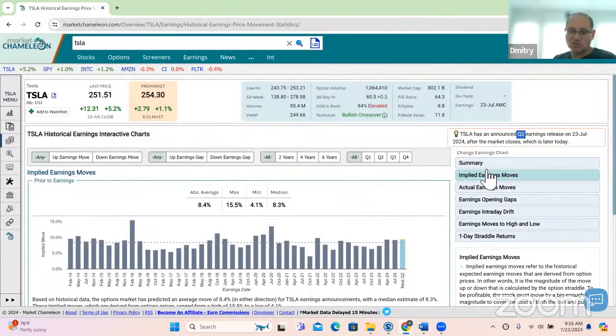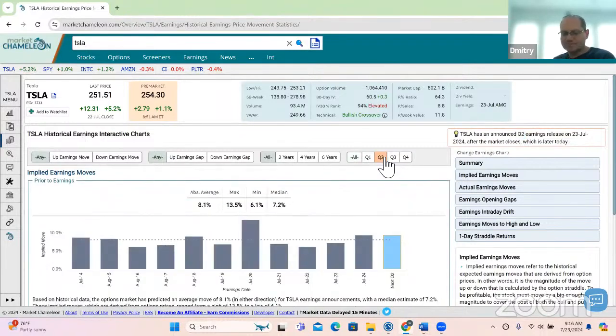Maybe it does tend to close higher in the second quarter, right? There could be more uncertainty in certain quarters of the year, or something going on that makes the volatility different. So we could use these filters above. And here's Q1, Q2, Q3, Q4. So let's go ahead and select Q2.